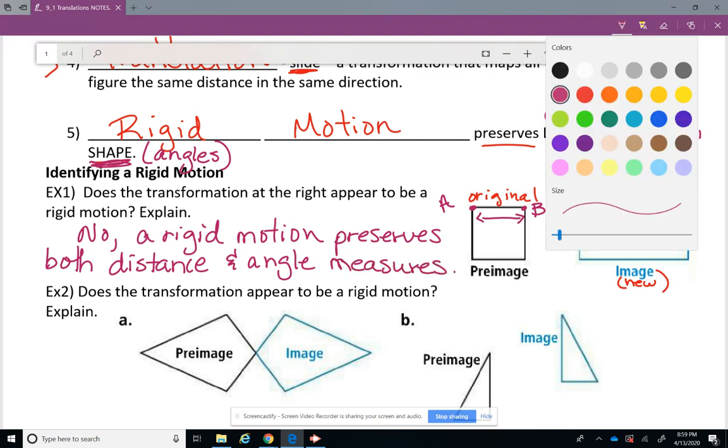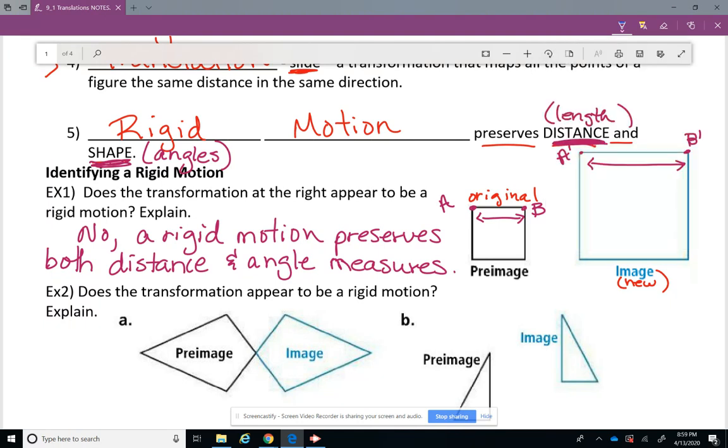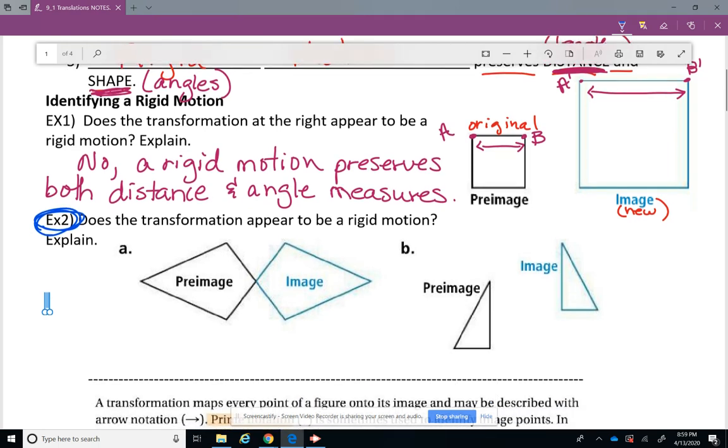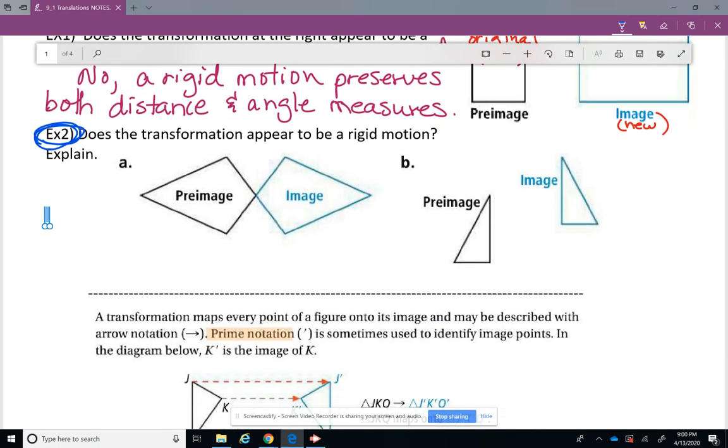All right, let's look at the next one. This one is the got it problem in your book. If you're doing the notes with me, you'll end up doing all the got it problems for section 9.1. All right, does the transformation appear to be a rigid motion? Look at the pre-image, which is an original. And look at the image, which is a copy. Has the distance between the vertices changed?